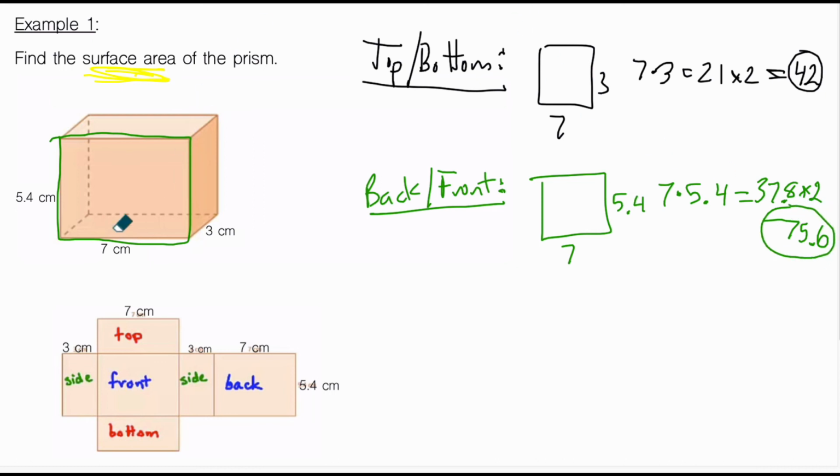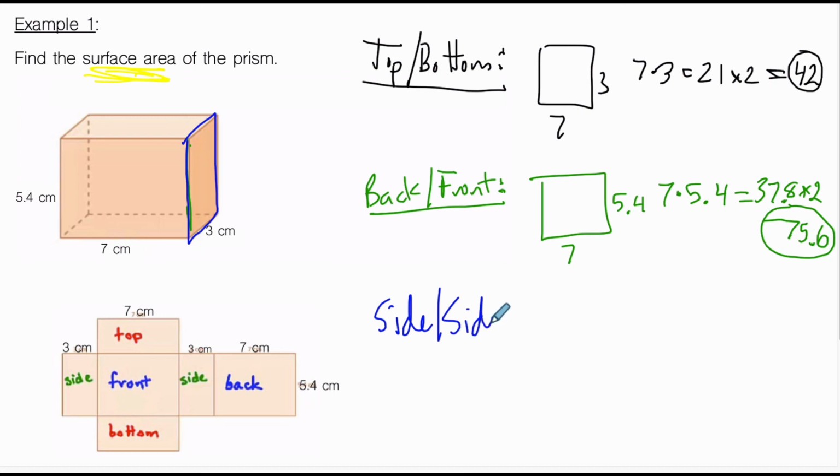And then the last pair of sides in this rectangular prism are what I'm going to call side, side. I'll use blue for those. Side, side. And both of those are an identical rectangle. And that rectangle is 3 centimeters on the bottom, and 5 4/10 centimeters going up and down. So 5.4 by 3.